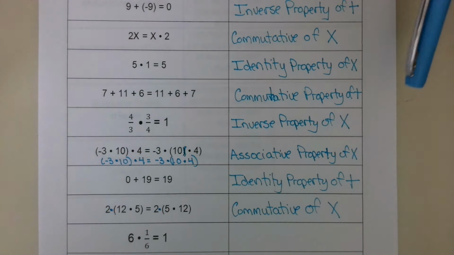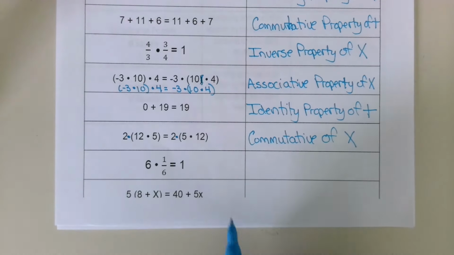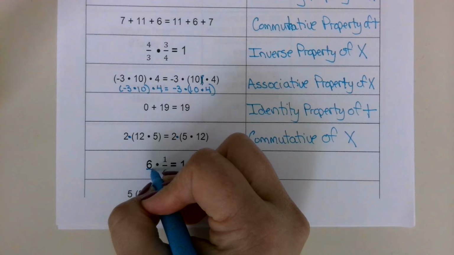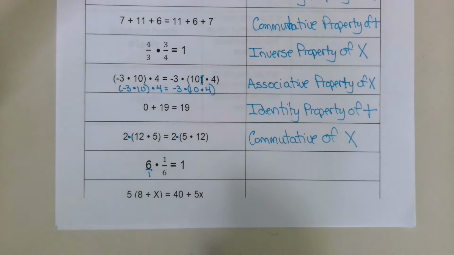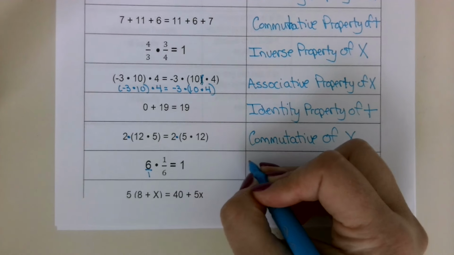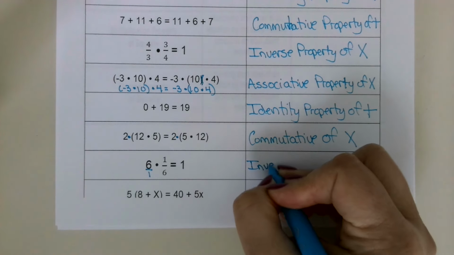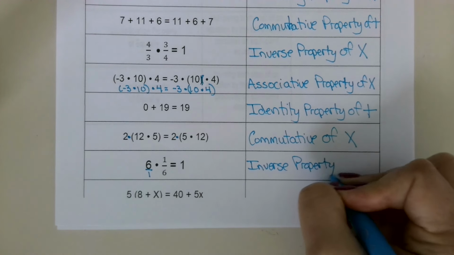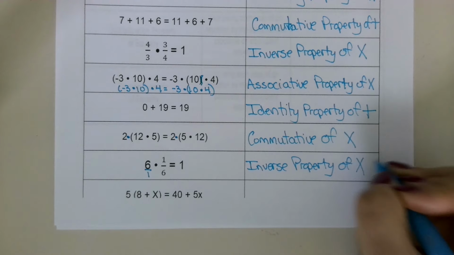In this next one, I have 6 times 1/6 equals 1. Remember, when I multiply a whole number by a fraction, I put it over 1. So now you can see that I'm multiplying 6 by its reciprocal, 1/6, and that equals 1. So this is also an example of the inverse property of multiplication.